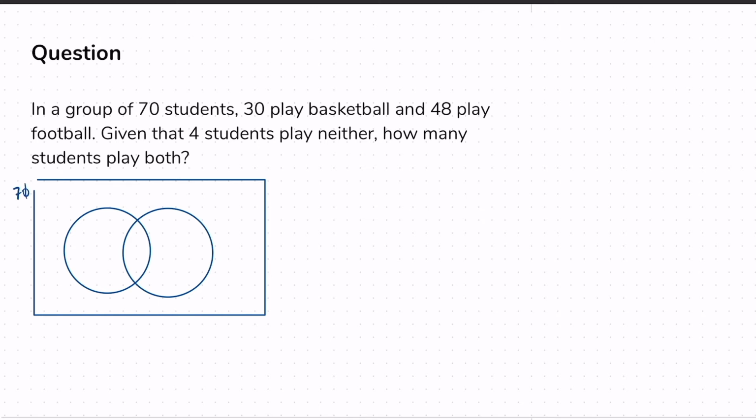Everything inside this rectangle is going to add to 70. 30 people play basketball, so we're going to call this one B for basketball, and B equals 30. 48 play football, so football is equal to 48, and 4 students play neither basketball nor football, and that's equal to 4.